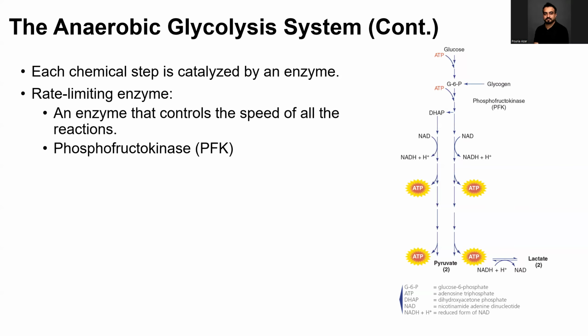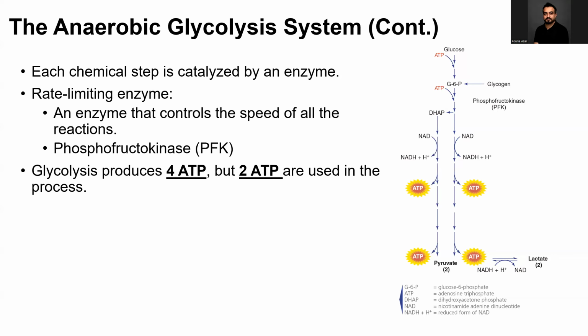And in every chemical reaction which requires an enzyme, there is a rate limiting enzyme, which is an enzyme that controls the speed of all the reactions. And with the glycolysis energy system, that's phosphofructokinase, PFK. PFK is the rate limiting enzyme for the glycolysis system.